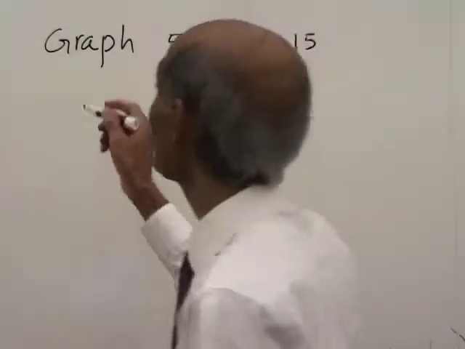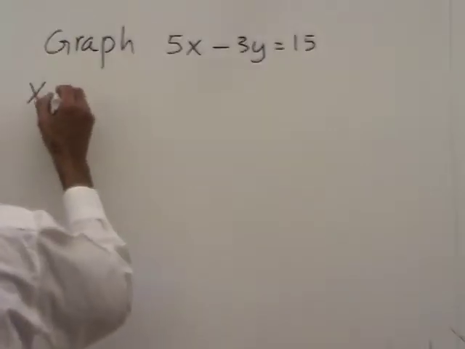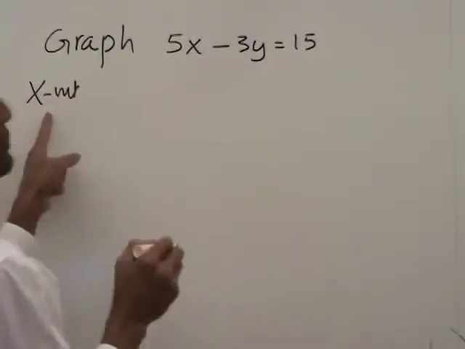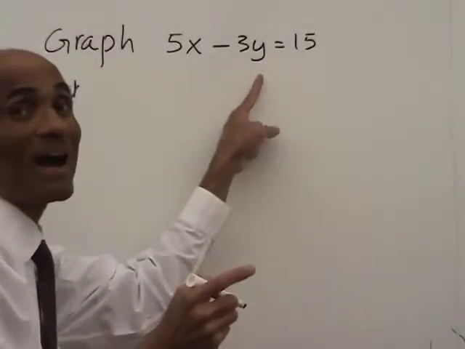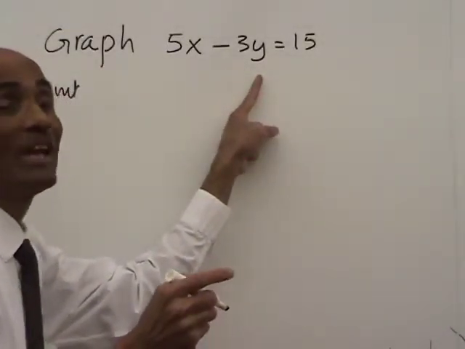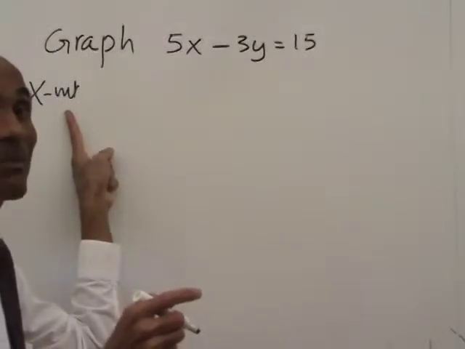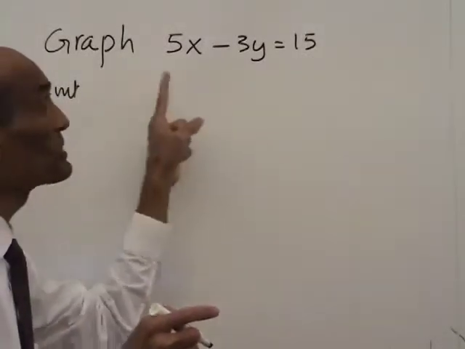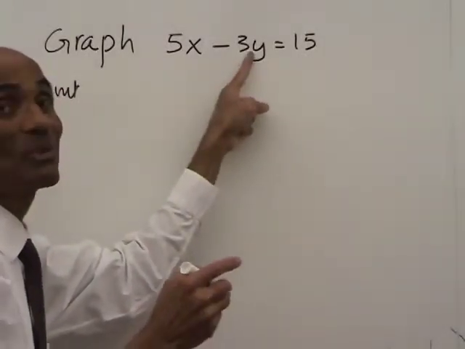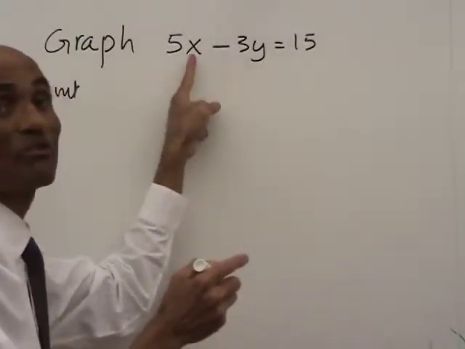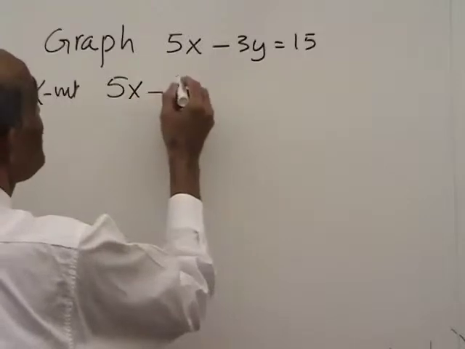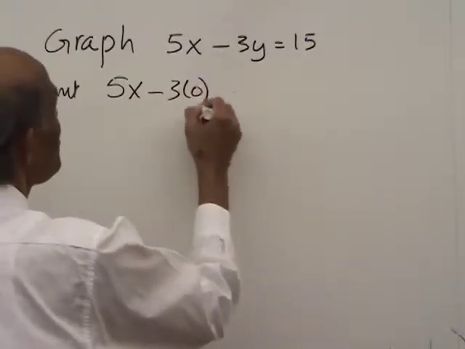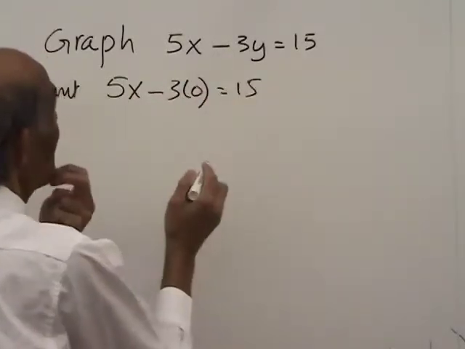How do we obtain the x-intercept? You need to learn that very well. X-intercept is obtained by setting y equal to 0 and solving for x. Look at this. 5x minus 3 times 0 equal to 15.